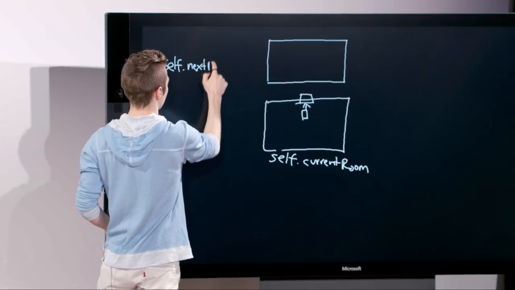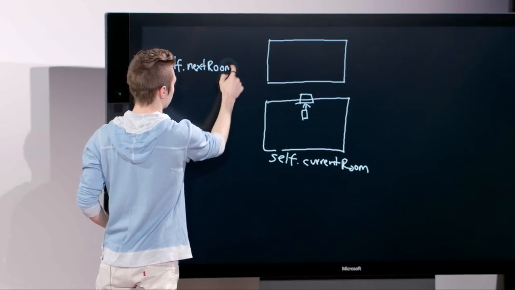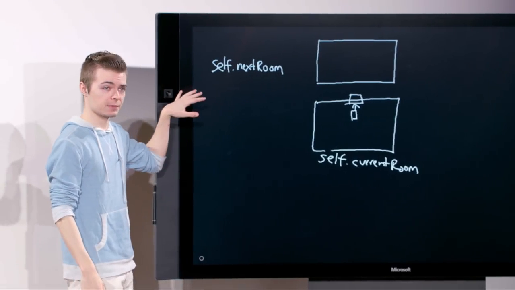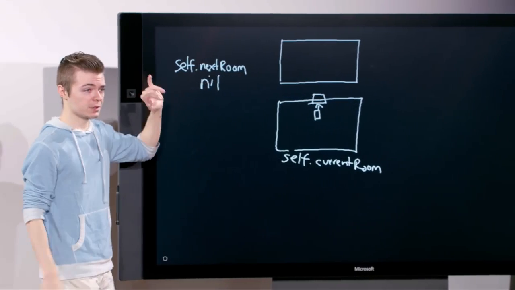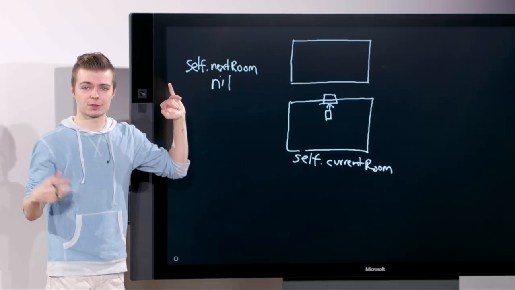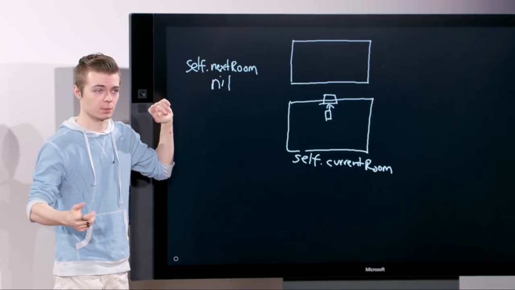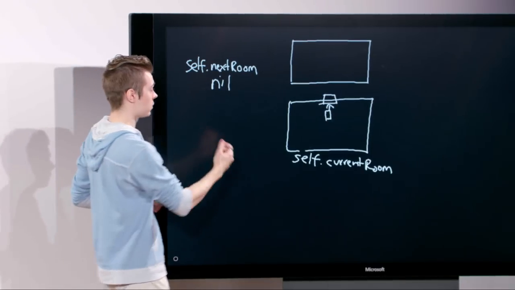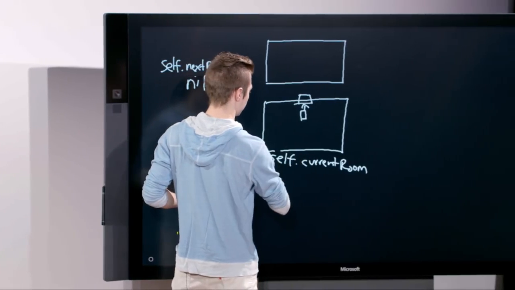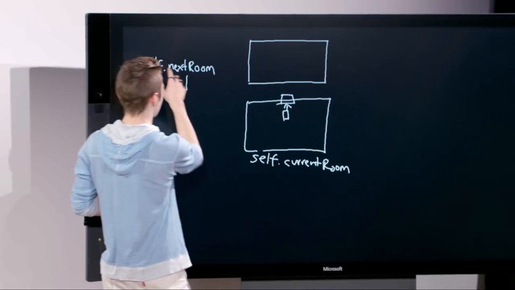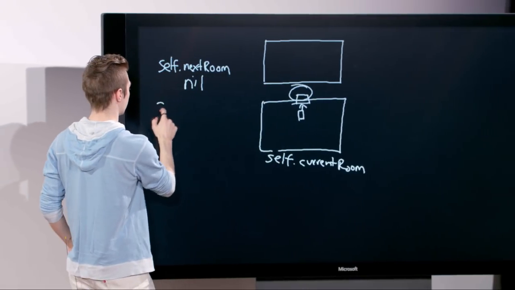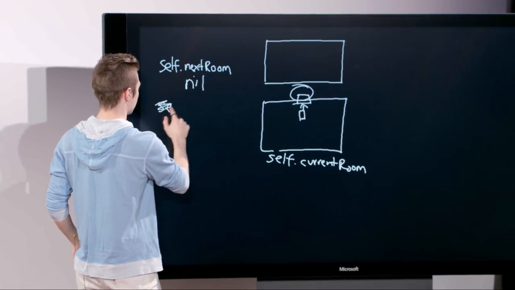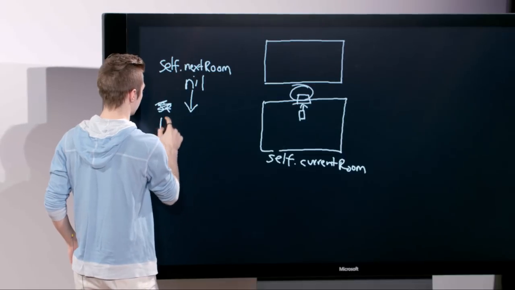And this is all kept track of in the dungeon.lua file. But self.nextRoom, by default, is going to be nil. But when we transition from the current room to the next room, right, we should set that to something. So self.currentRoom is going to be the same. But when we trigger this collision, self.nextRoom, this is going to be equal to just a new room.